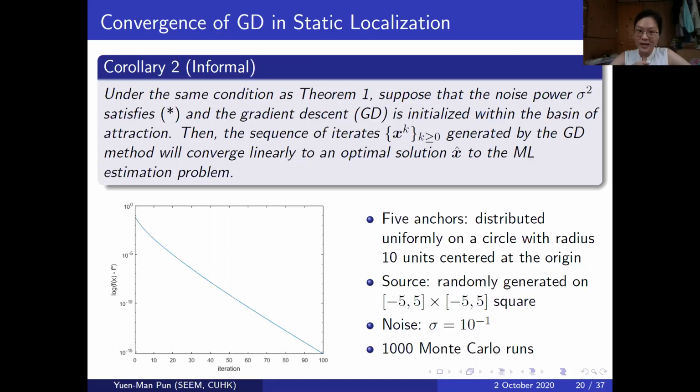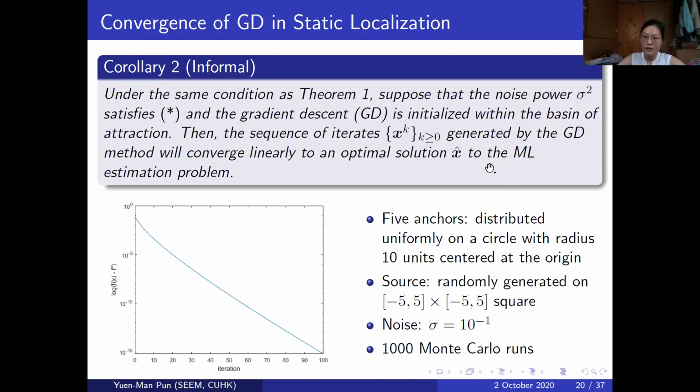So this time, if we have some proper initialization within the local strong convexity region, then we also have the linear convergence of the gradient descent converging to an optimal solution X hat.